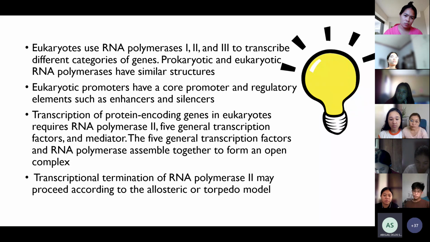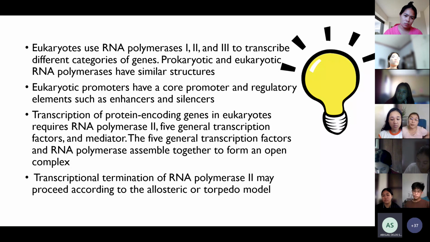So in summary, eukaryotes use RNA polymerases 1, 2, and 3 to transcribe different categories of genes. Prokaryotic and eukaryotic RNA polymerases both have similar structures. Eukaryotic promoters have a core promoter and regulatory elements such as enhancers or silencers.